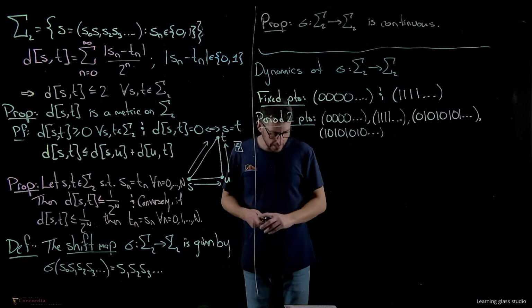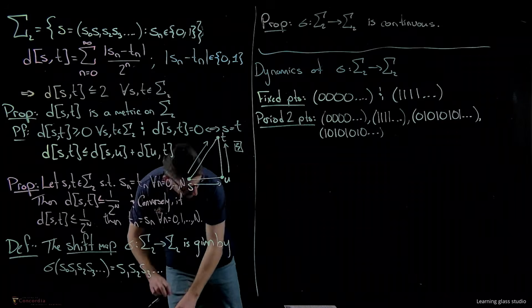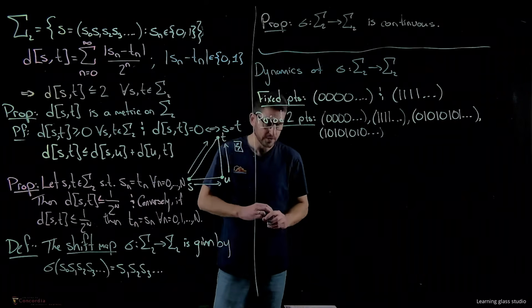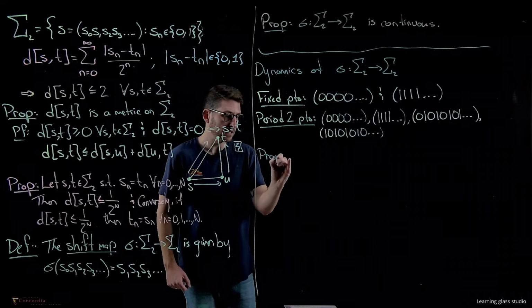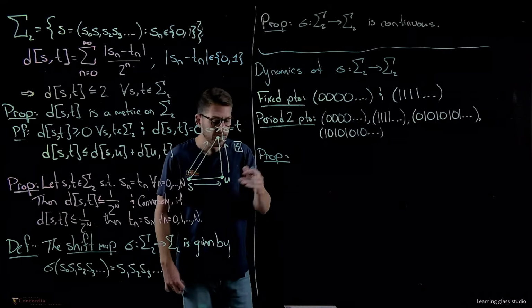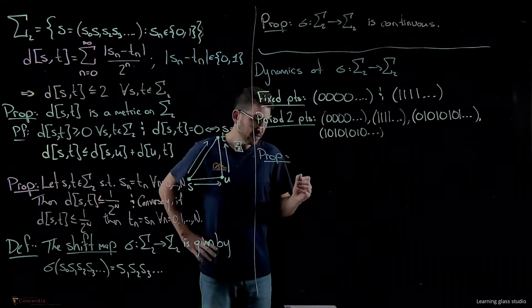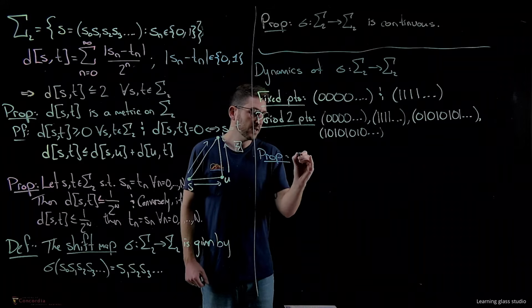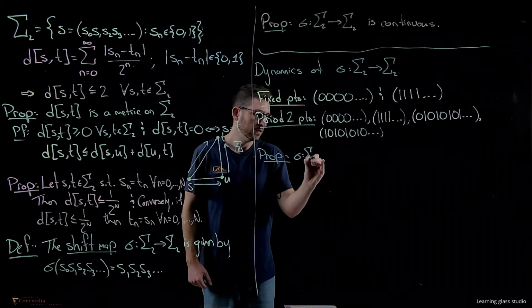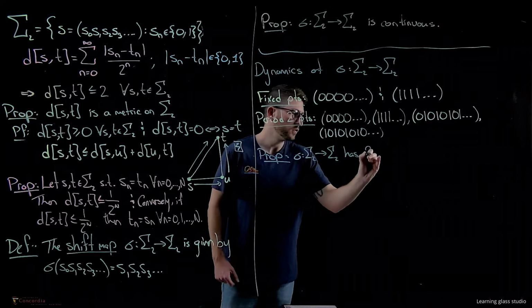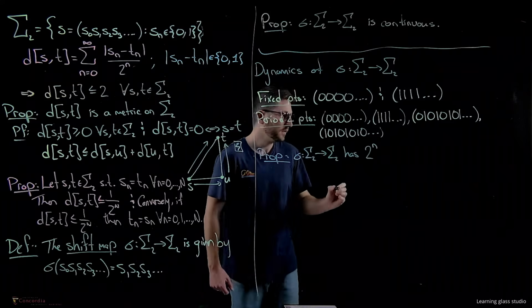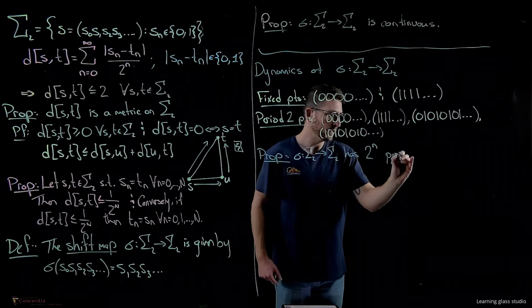And so what you can actually see is an important consequence of this. Let's make this a proposition, but it's more of just a finding, that sigma has 2 to the n period n points.